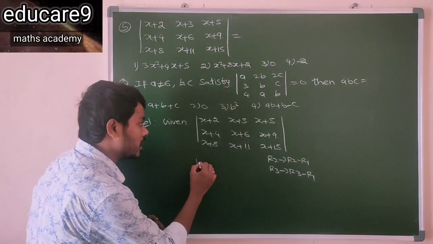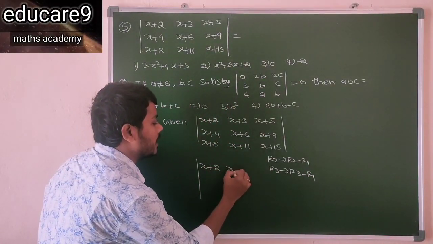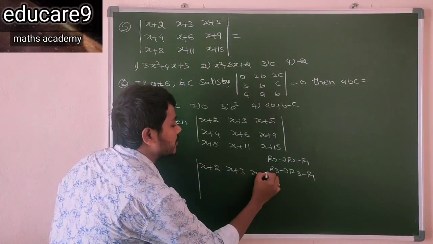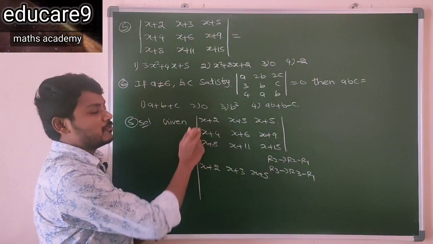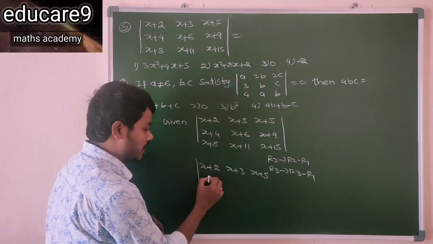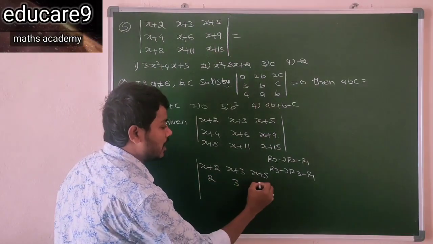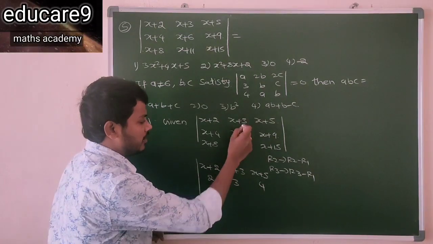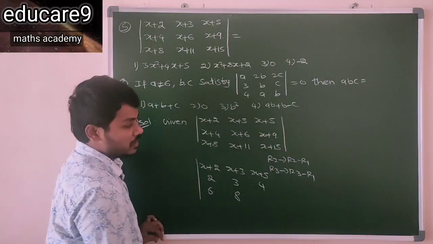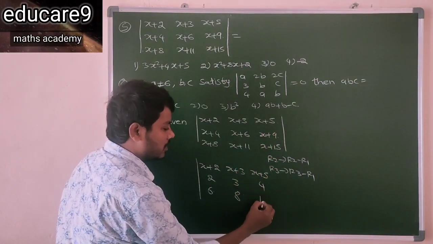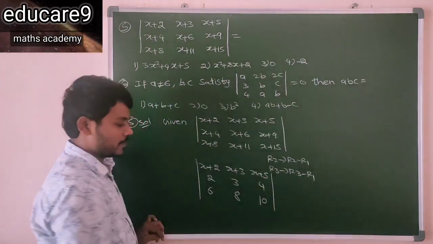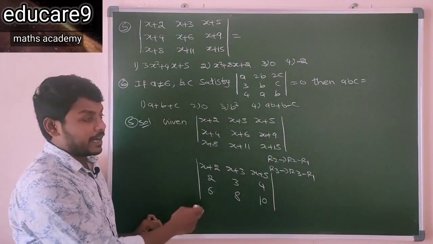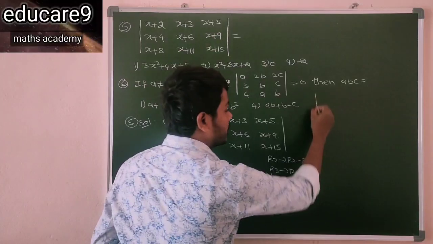Now this is what? X plus 2, x plus 3, x plus 5, x plus 4 minus x plus 2. That is 2, here 3, 4. Next 8 minus 2, 6, 11 minus 3, 8, 15 minus 5. Okay. Now find this determinant value.